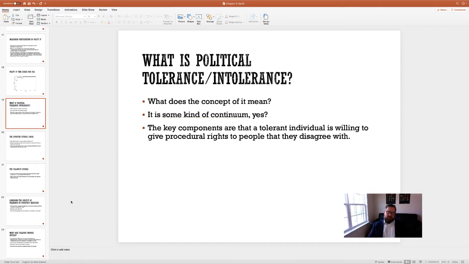A tolerant individual, or someone who is tolerant, is, and this is a little bit more of a formal definition, but I think it works very well, someone who is willing to give rights, whether they be procedural or otherwise, to people that they disagree with.